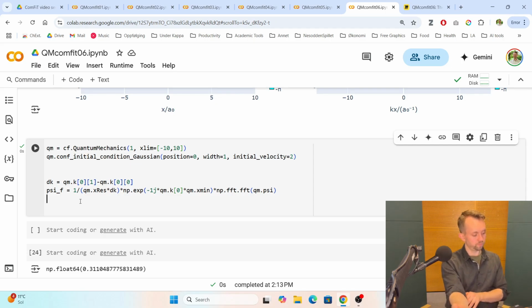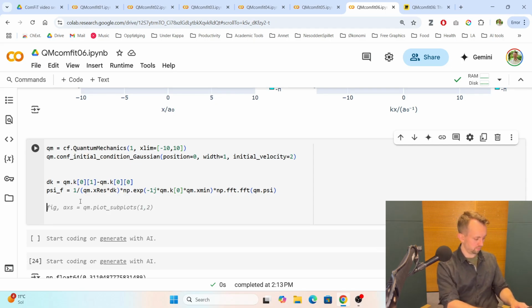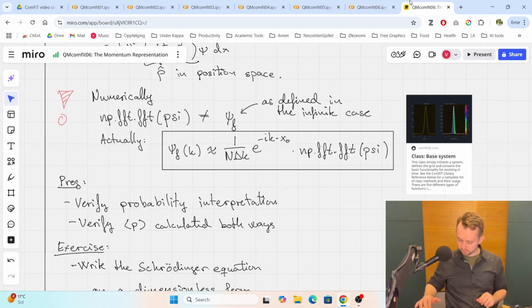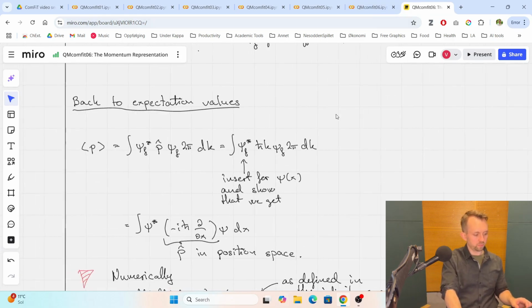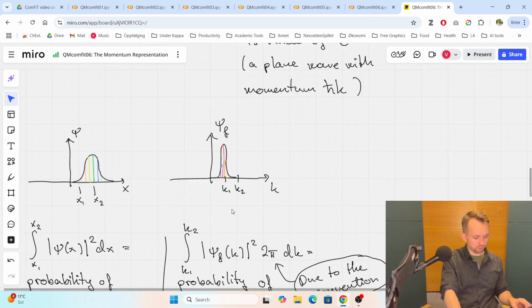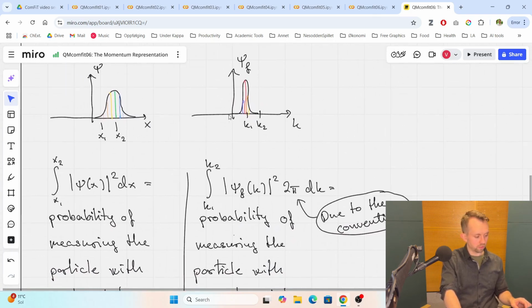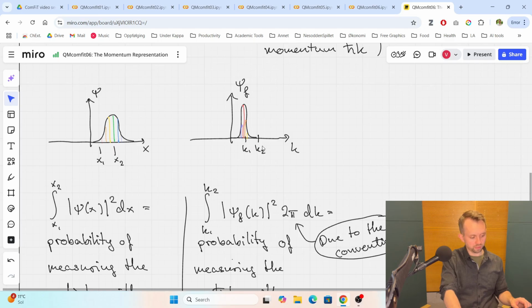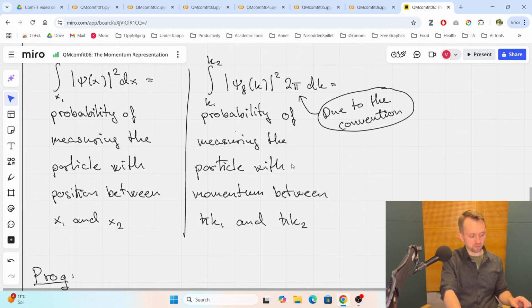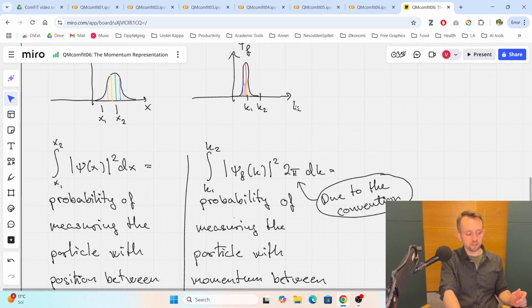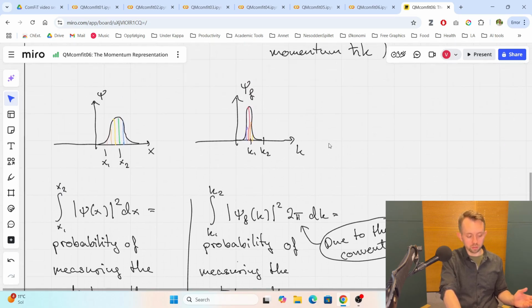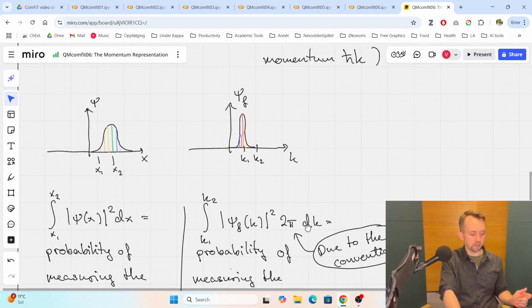And now we can essentially just integrate the whole thing. So the first thing we're going to do is integrate the whole thing, because remember, if this interpretation here holds, that the integral of psi f between k1 and k2 is supposed to be the probability of measuring the particle with momentum between those values, then obviously if I integrate over all of k space, then I should get 1.